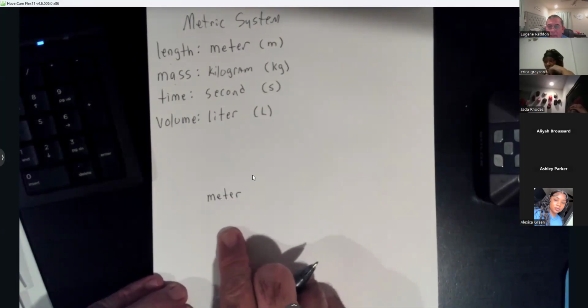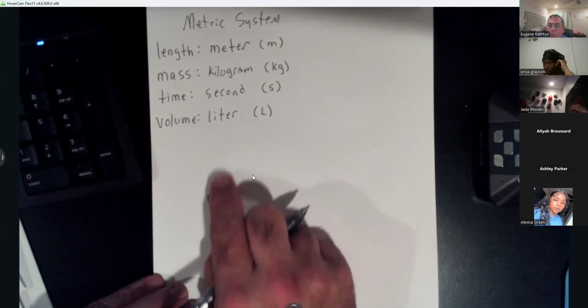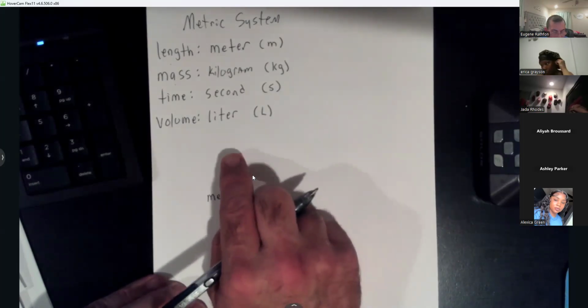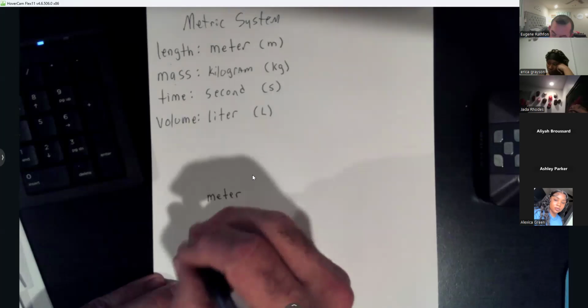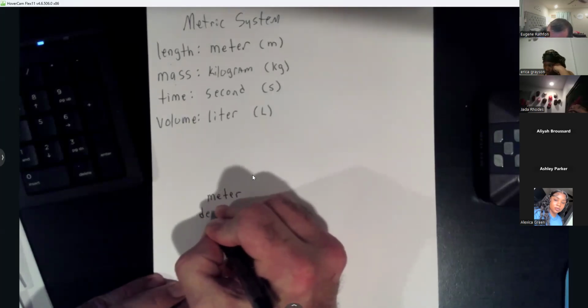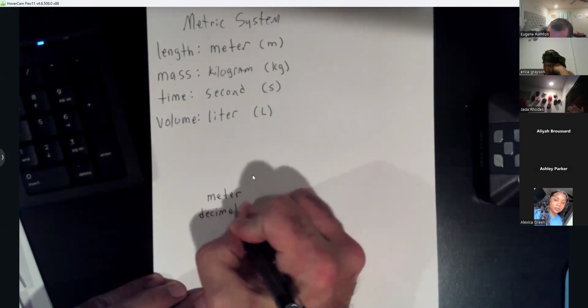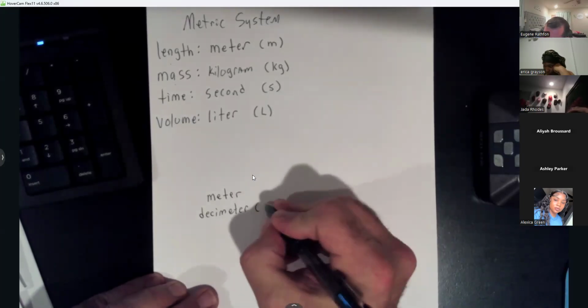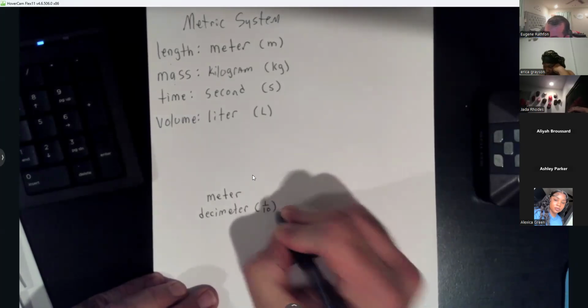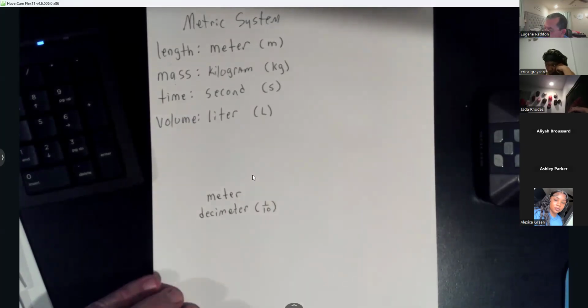We go by tenths. If we go upward, we're multiplying by 10. Okay? So right under the meter, you have the decimeter. That is 1/10 of a meter.